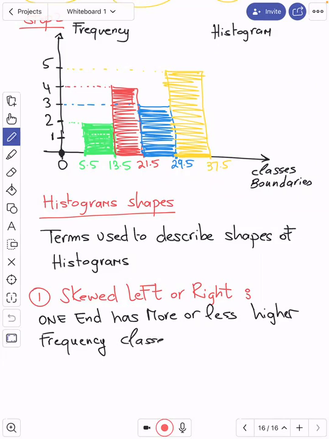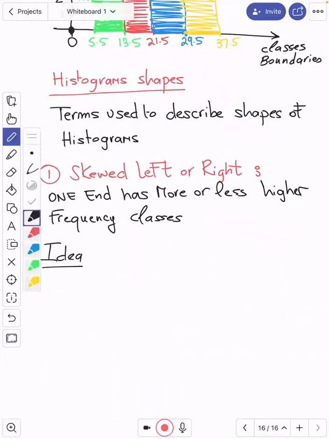So the idea, guys, is the following. The shape of your histogram would be something like this here.